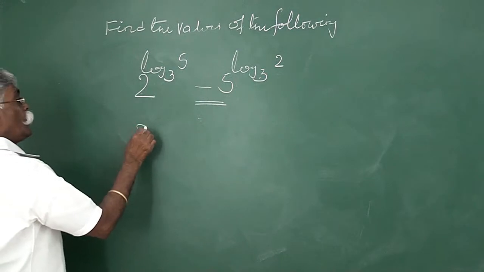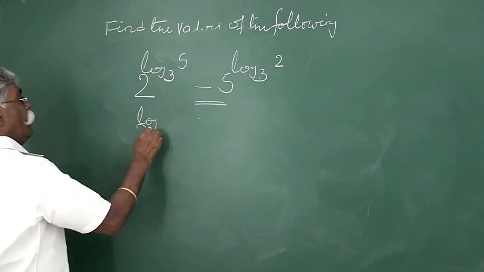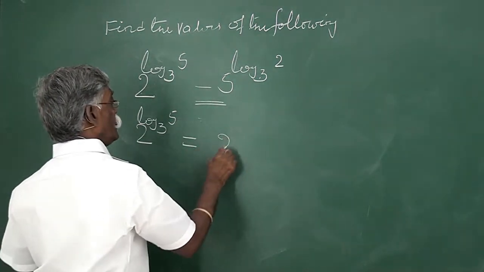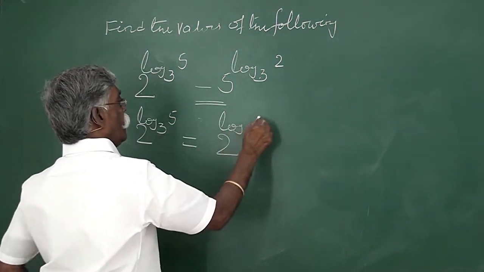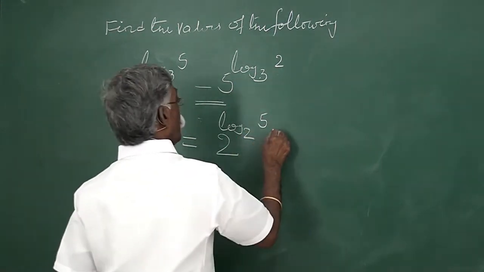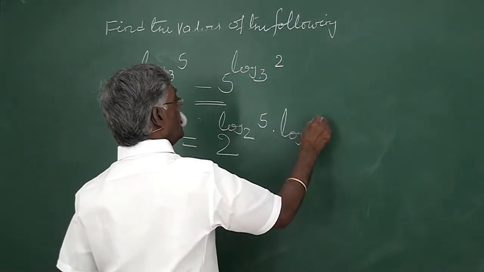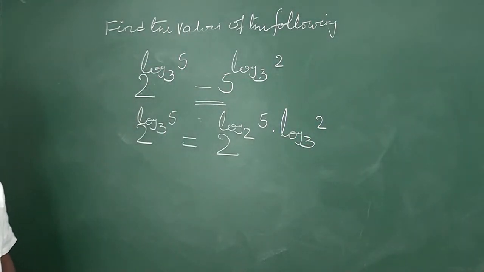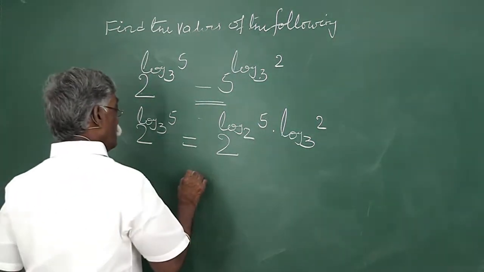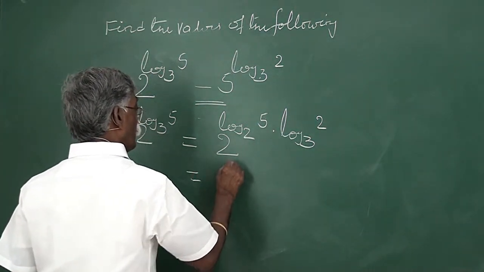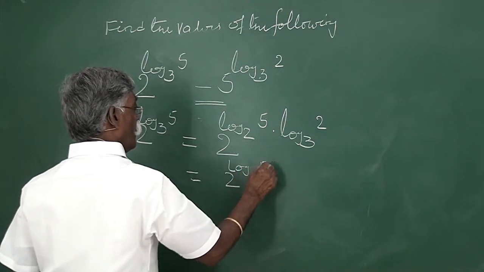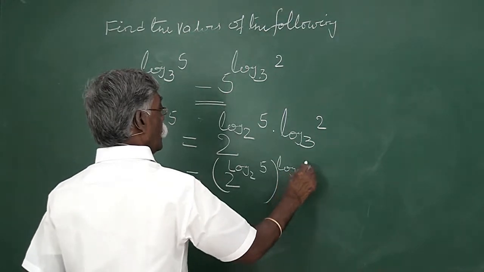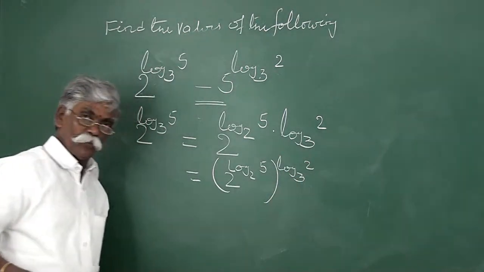Now 2 power log 5 to the base 3 can be written as 2 power log 5 base 2 into log 2 base 3 using the change of base method. Now this can be written as 2 power log 5 to the base 2 whole power log 2 base 3.